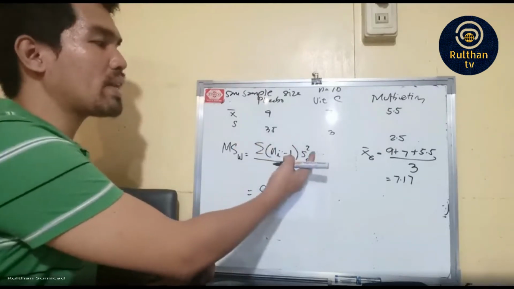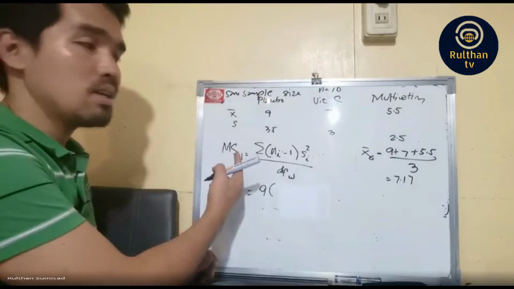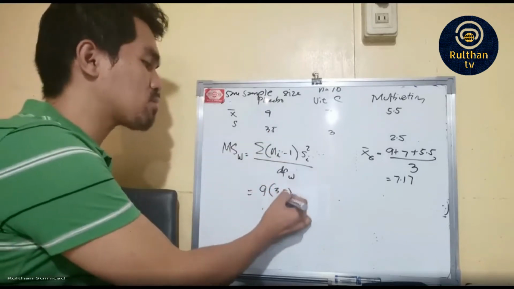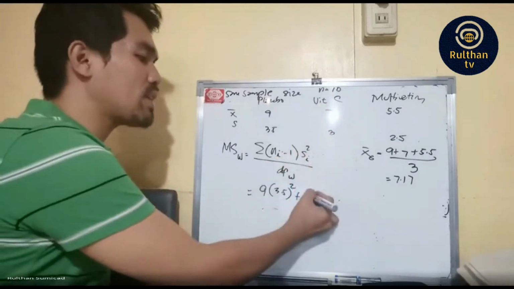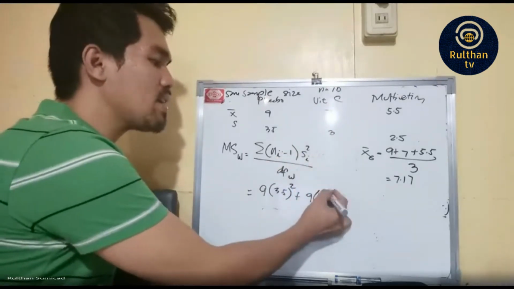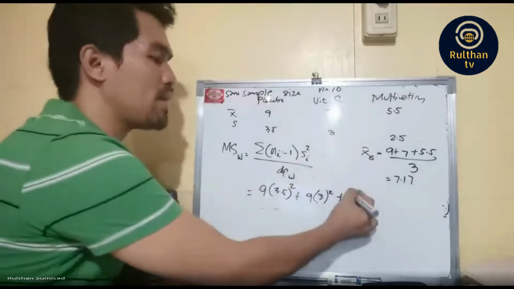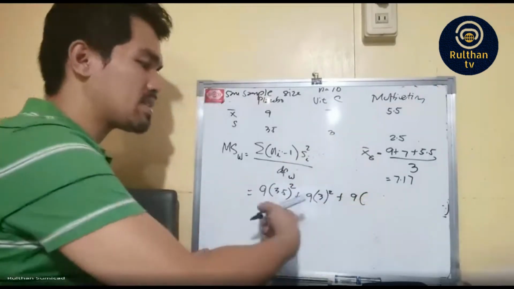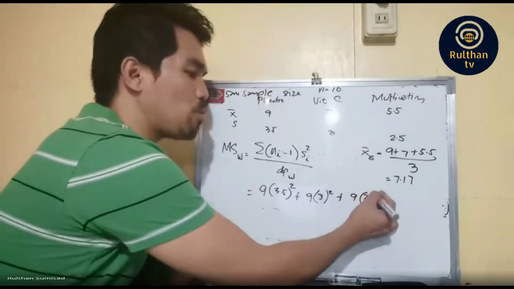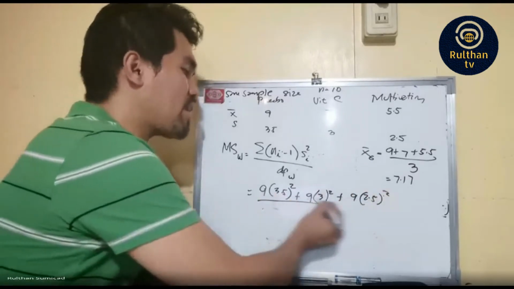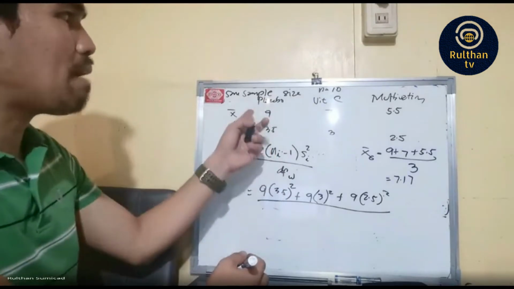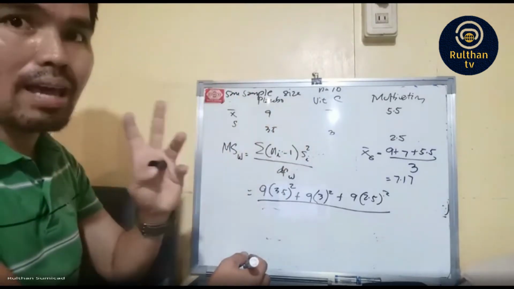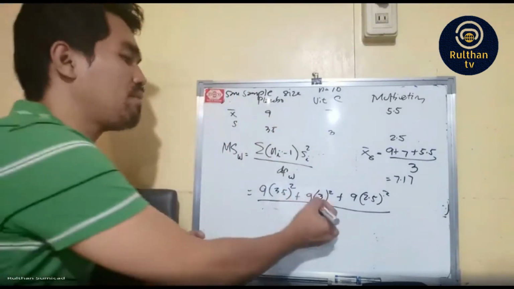We have to square it because we're talking about variance, so that's 3.5 squared. Then plus the next group, 10 also, that's 9 times 3 squared, plus the last group, still 9 since they are the same sample size, times 2.5 squared, divided by our degree of freedom within group, which is 30 minus the k, which is 3, so that is 27.